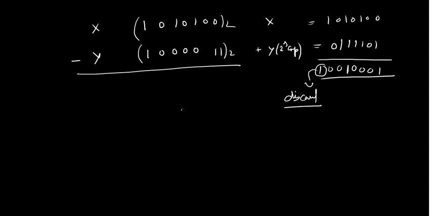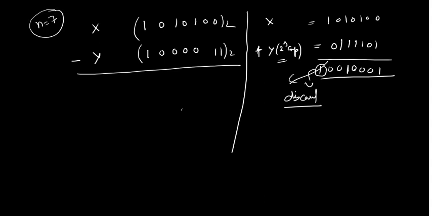So we go to the complement domain, and in the complement domain subtraction becomes addition. We will add X with the 2's complement of Y, and once we add it, we will see that we are having a carry, so we will reject it, because X and Y have 7 digits, and we are having a number of more than 7 digits. So this carry is called the end carry, and we will discard it. Once we discard it, we will get the answer.